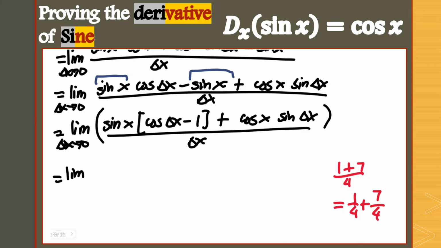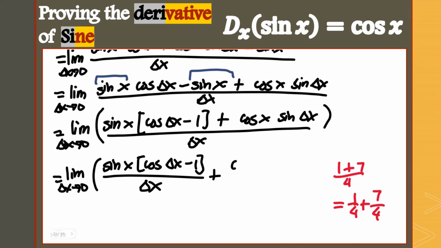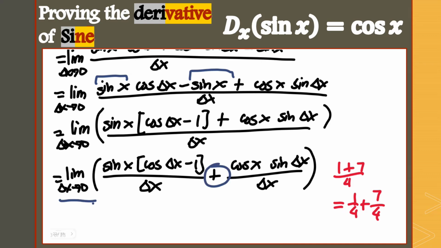I have here the limit as delta x approaches 0. I will separate this into two different forms with the same denominator: sine x times cosine delta x minus 1 over delta x, plus cosine x times sine delta x over delta x. Because the next thing is I can apply the limit theorem, which tells us that the limit of the sum is equal to the sum of the limits.